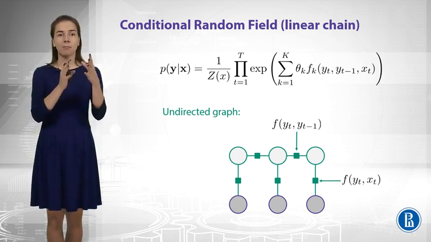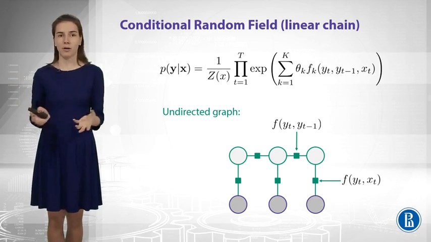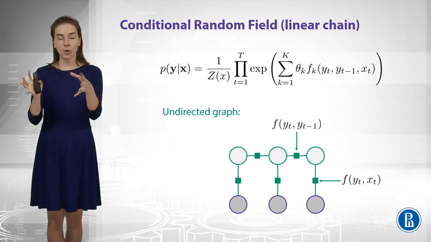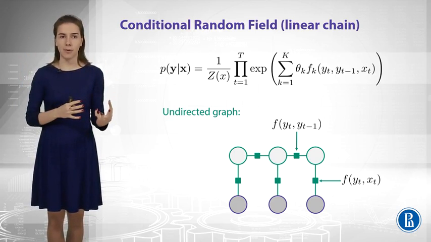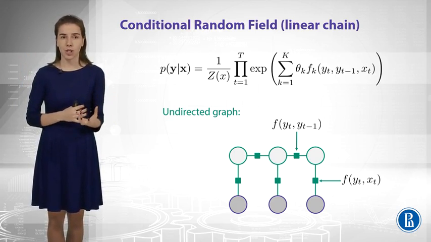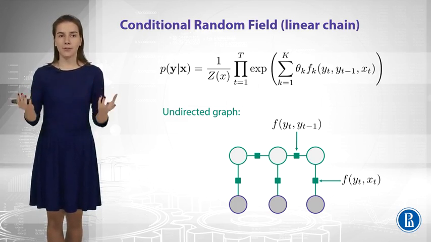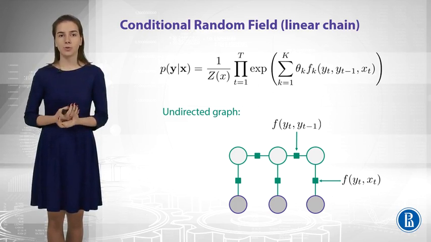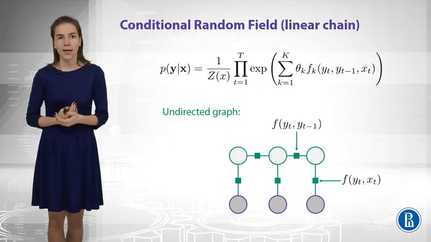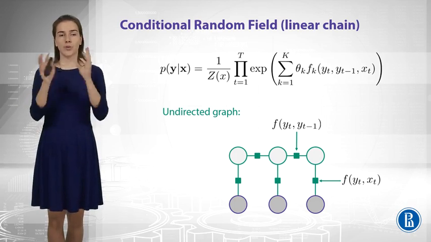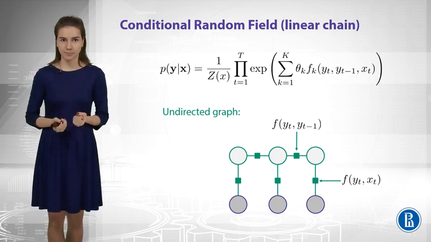Instead, we have some product of some energy functions, and then we normalize all of them to get the final probability. And this normalization is actually complicated because, well, we have many different sequences, and we have to normalize in such a way that this probability sums to 1 over all possible sequences of tags.